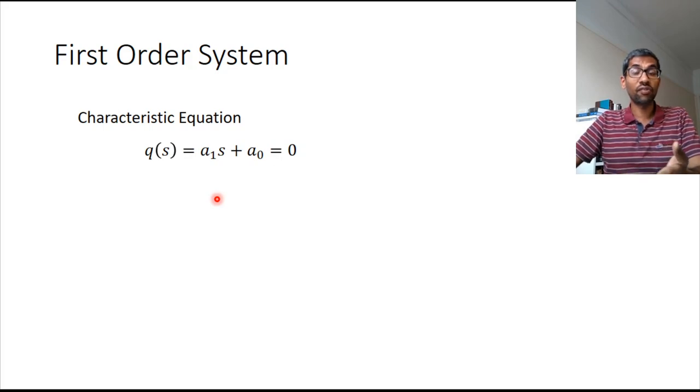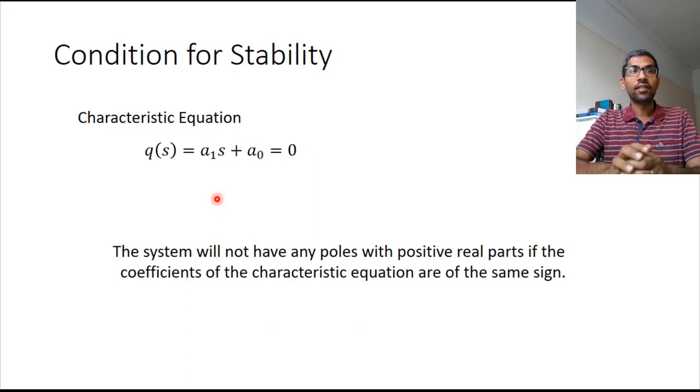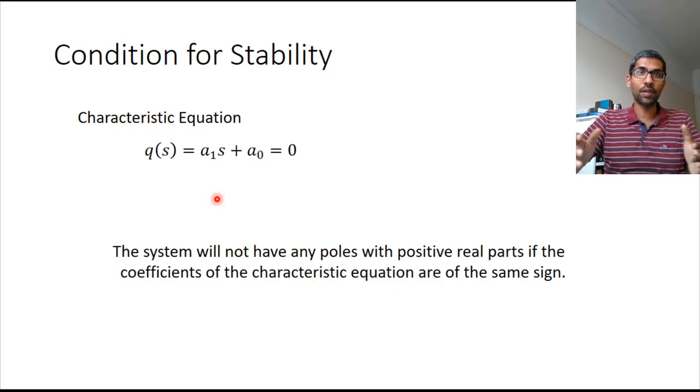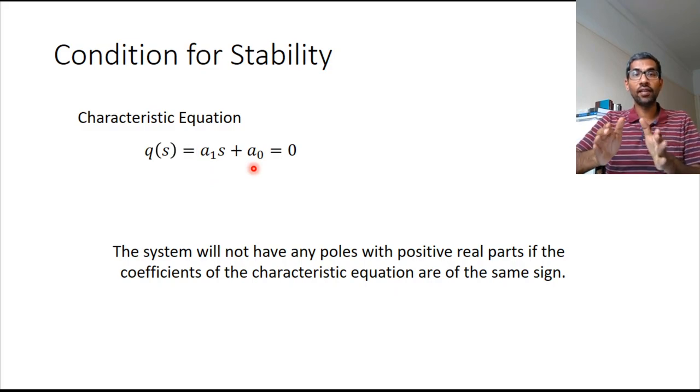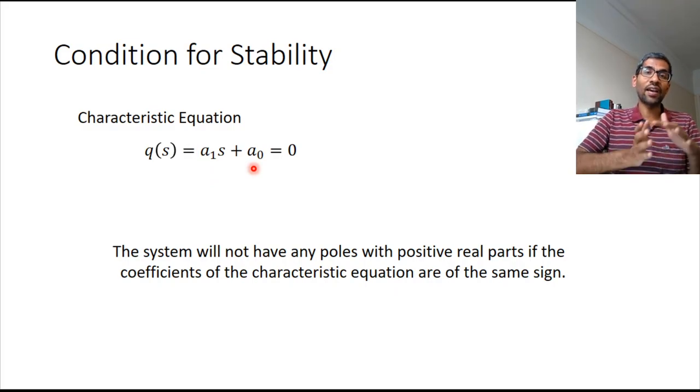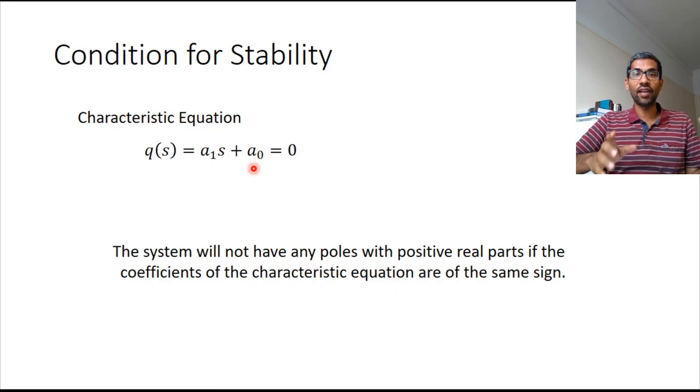The answer is fairly straightforward in this case, isn't it? The system will not have any poles with positive real parts, that is, the system will not be unstable, if the coefficients of the characteristic equation are of the same sign. So if a1 and a0 are of the same sign, then all the poles will have negative real parts, and therefore the system is going to be stable.